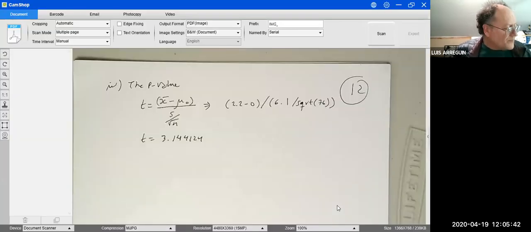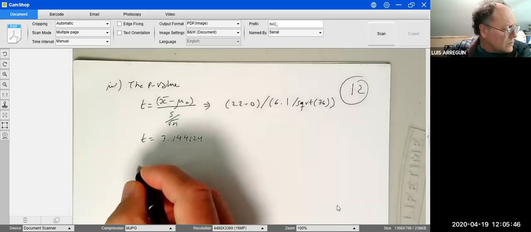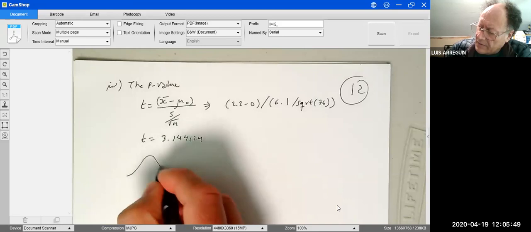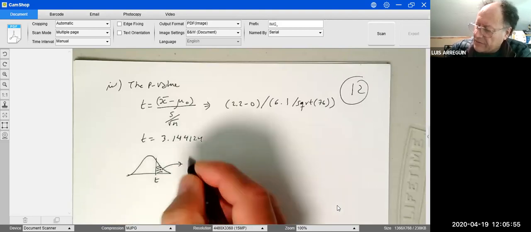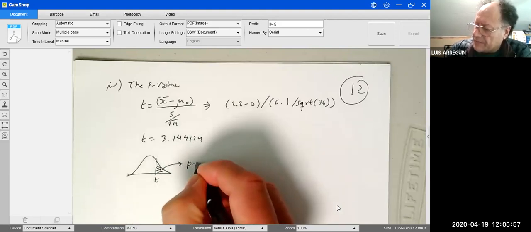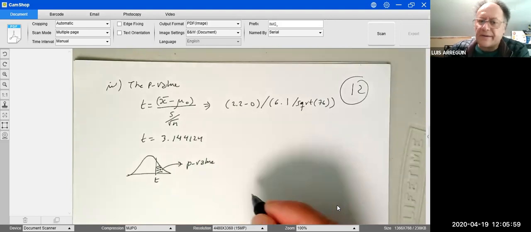And now we're going to get the p-value. For the p-value, we're going to use this t here, and we're going to find this area. So our p-value is this area.